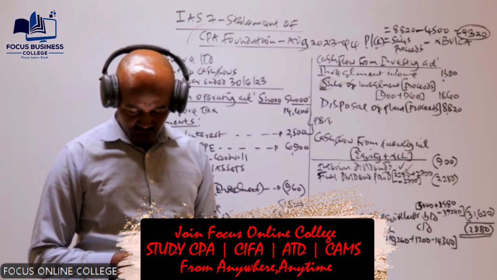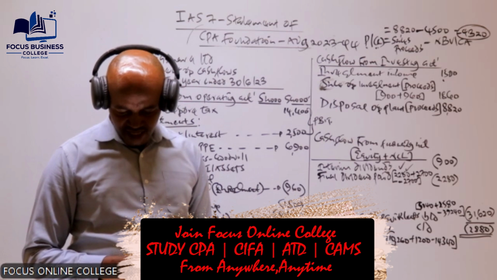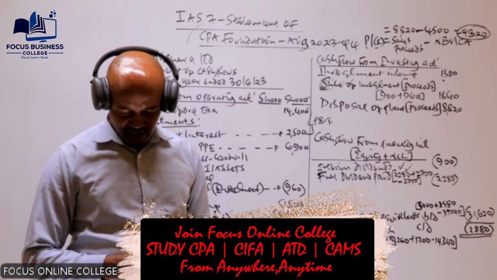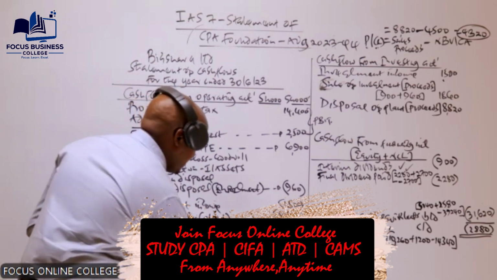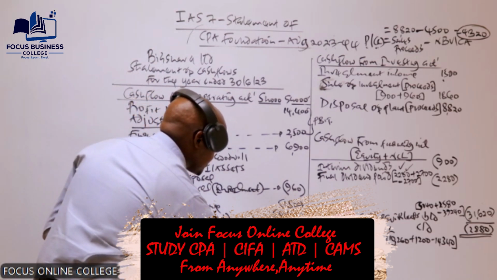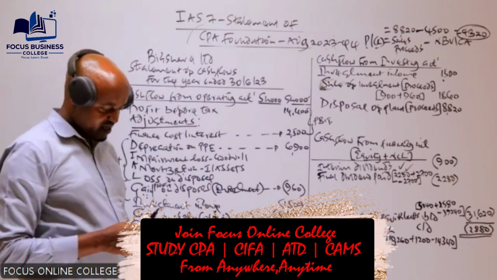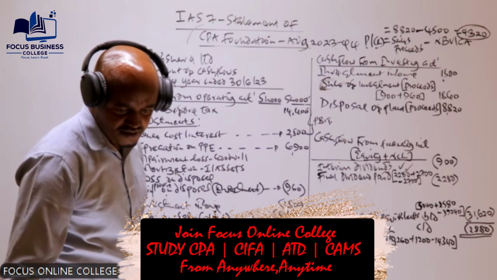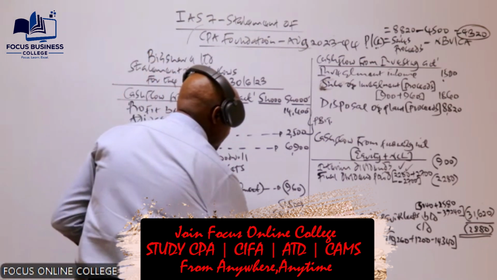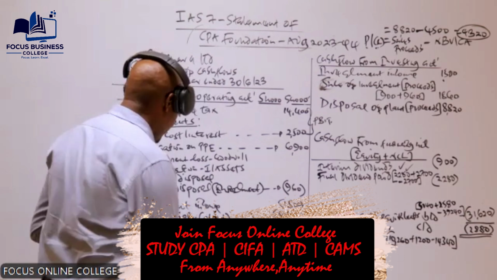That is 200 minus closing 40, 300. And I'm getting negative 81. I hope that is what you're getting. That is for inventory, not receivables.